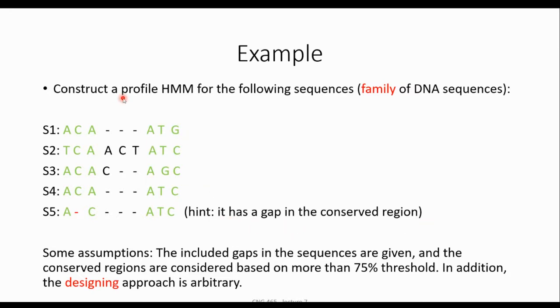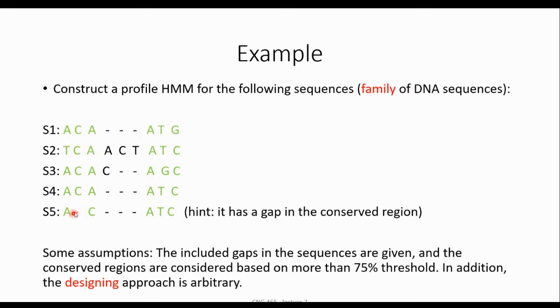Why is this important? In order to understand the delete and insert parts, I should be careful. When we talk about delete places, it means that we are talking about the gaps in the conserved regions. So I already know that from the first to third and in the last three positions, I have conserved regions, right?